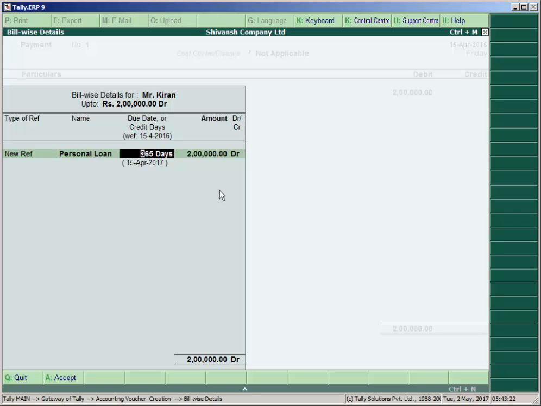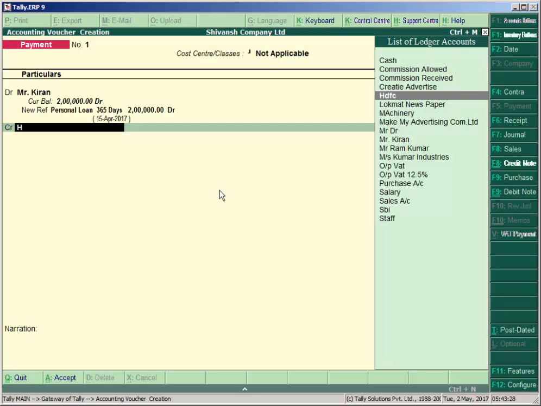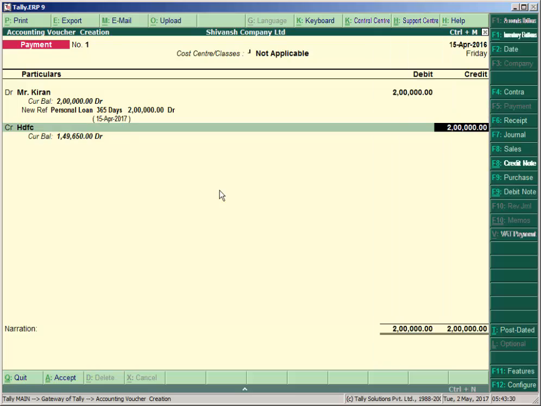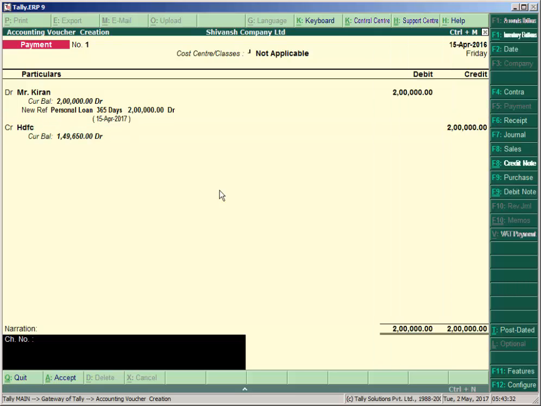The amount is 2 lakh. The loan is issued from HDFC Bank. So take the HDFC ledger here. Enter the cheque name. Cheque number 321445 is issued to Mr. Kiran. And accept it.